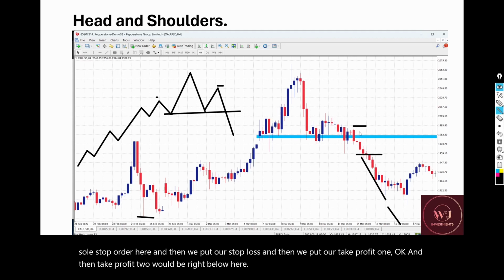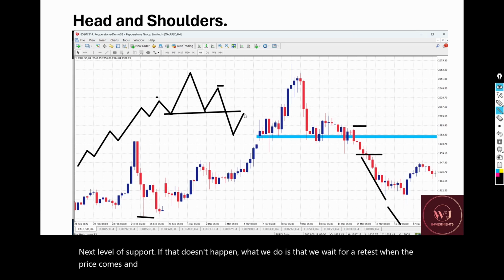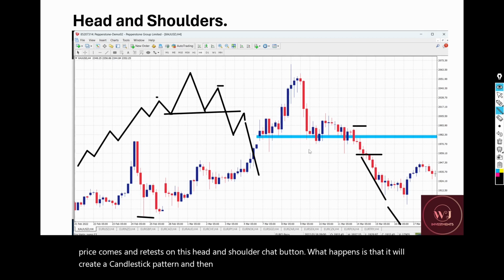If that doesn't happen, what we do is that we wait for a retest. When the price comes and retests on this head and shoulder chart pattern, what happens is that it will create a candlestick pattern and then finally makes a short trade. If it doesn't make a short trade, it is okay, things happen. So then we wait for a retest and then we go short.